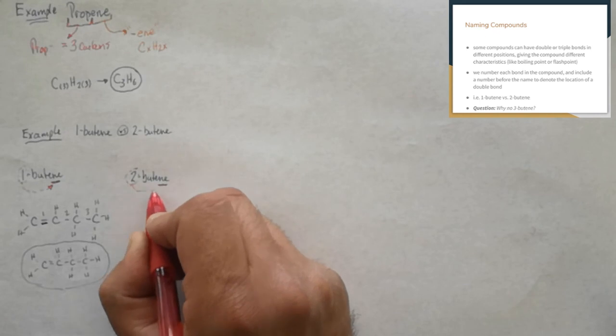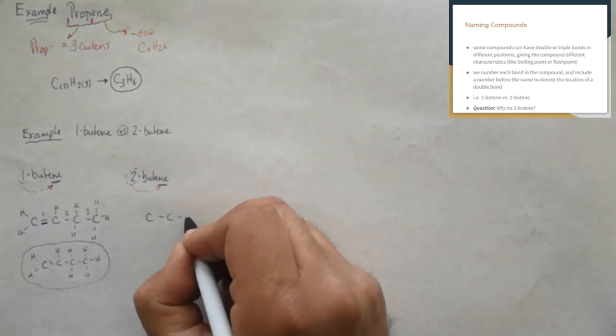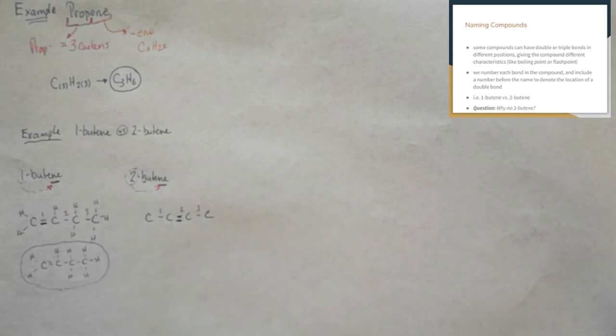In this next example, notice how the double bond indicated by the suffix -ene, E-N-E, is in the 2 position.